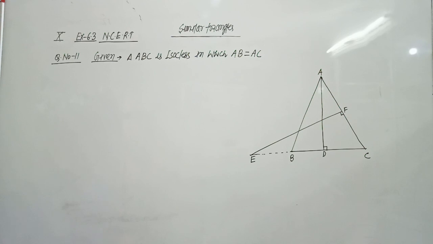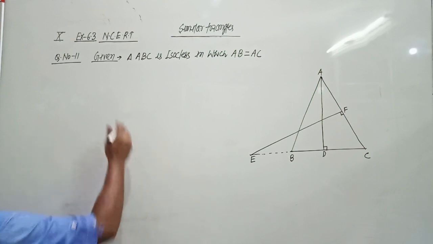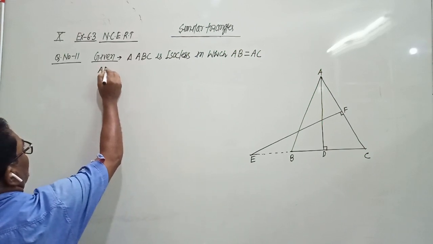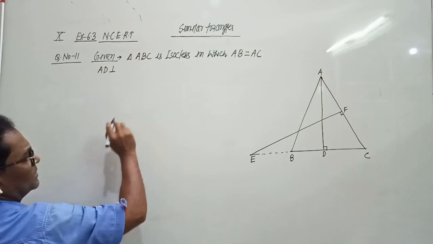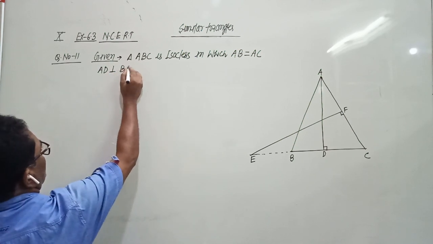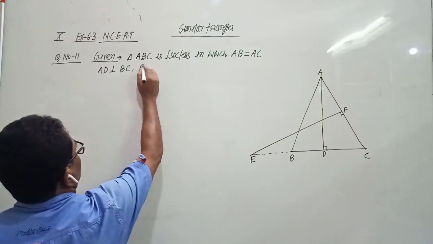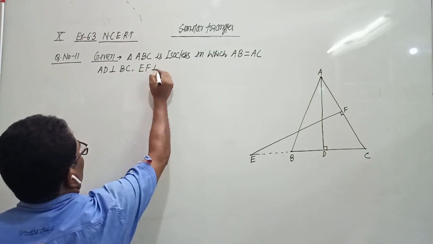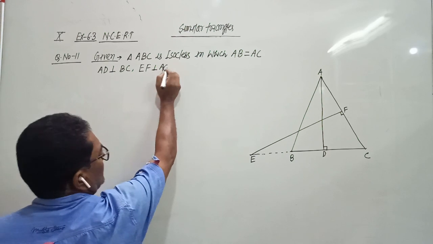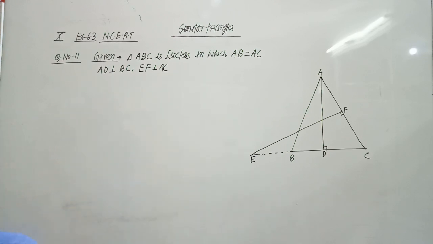AD and EF are perpendicular. AD is perpendicular to BC and EF is perpendicular to AC.